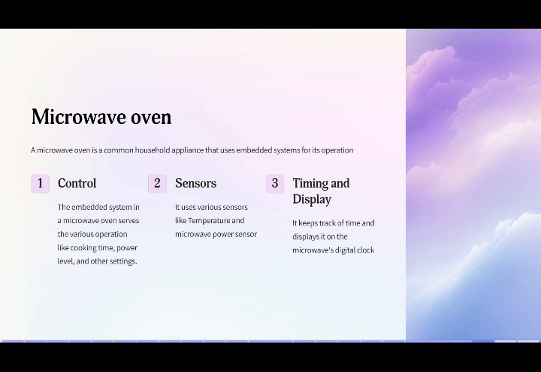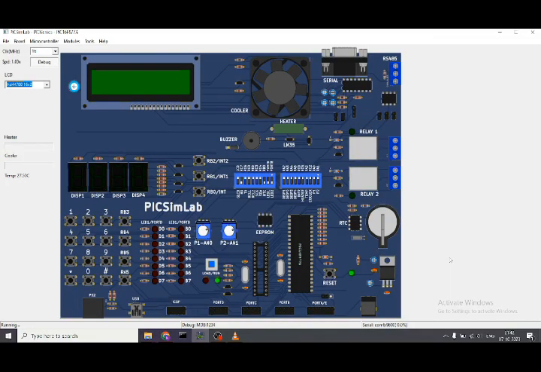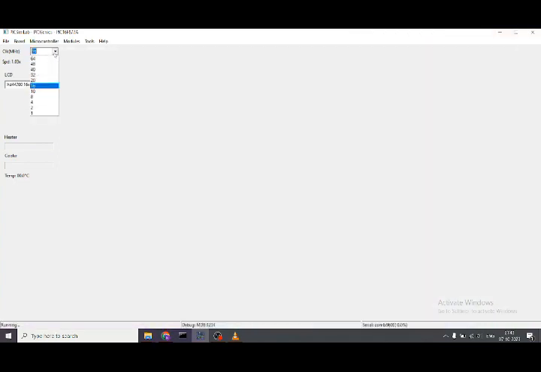Now for the requirements we use MPLAB X IDE as a cross compiler and PICSimLab for the simulation of microwave oven. Now here is the PICSimLab. For the board we use PICGenius, and for the microcontroller we select PIC16F877A.